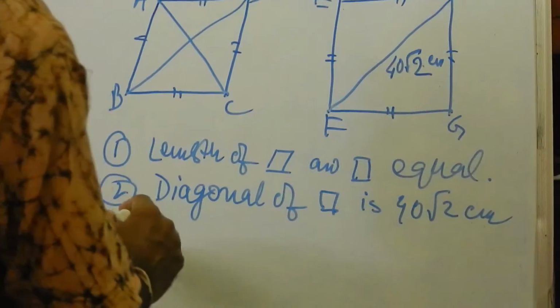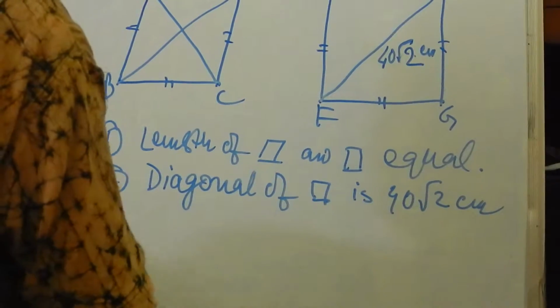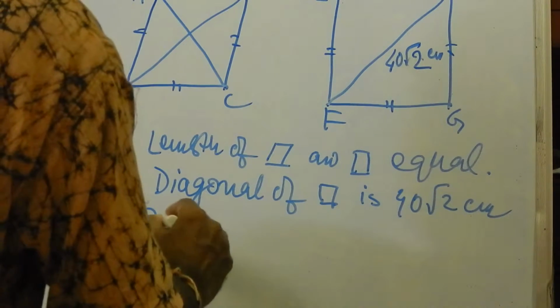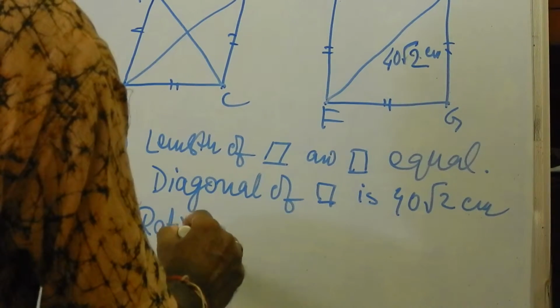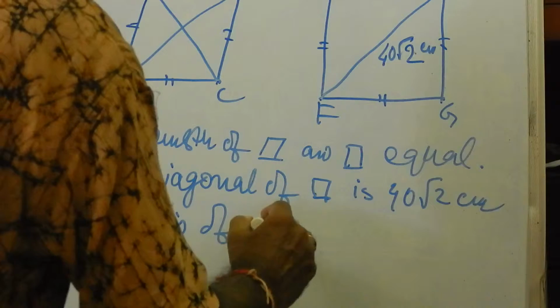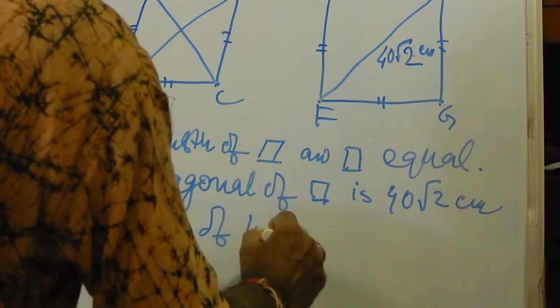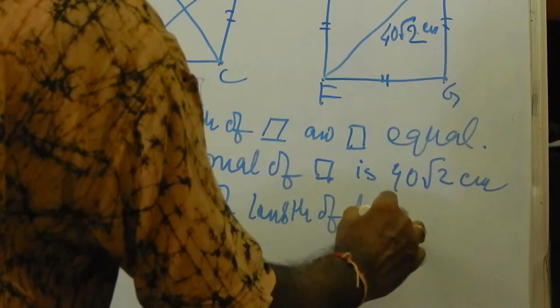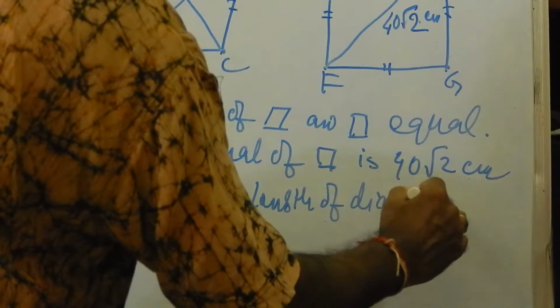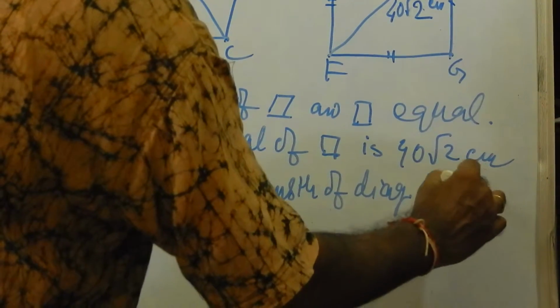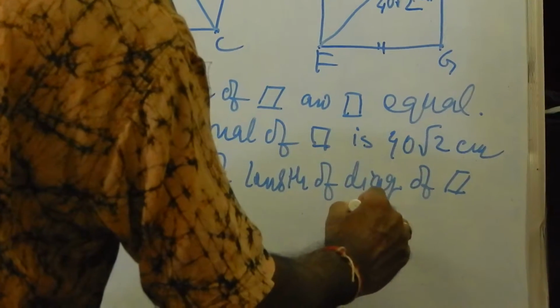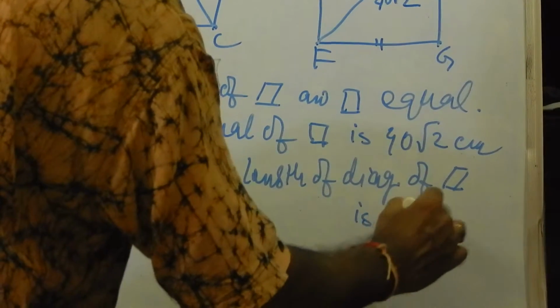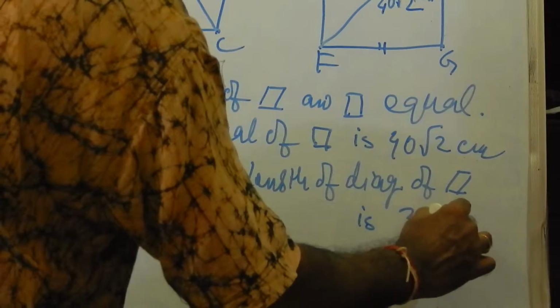And number 3, the ratio of the lengths of the diagonals of the rhombus is 3:4.